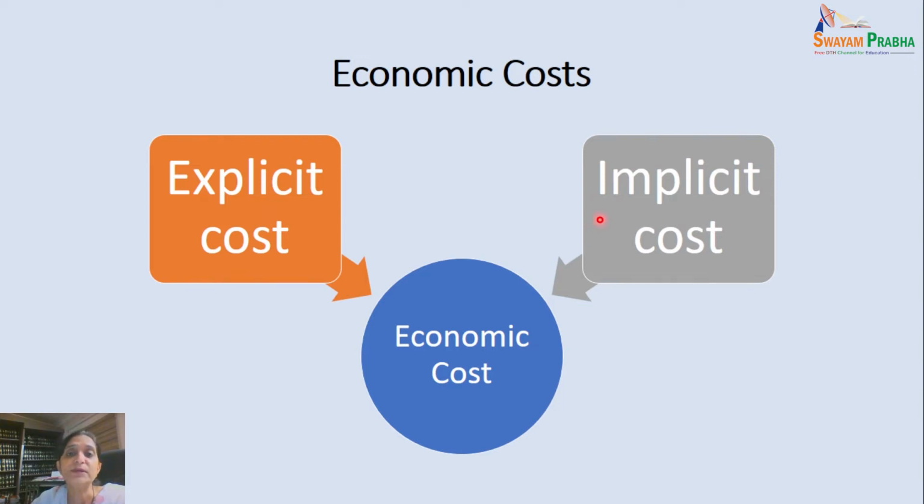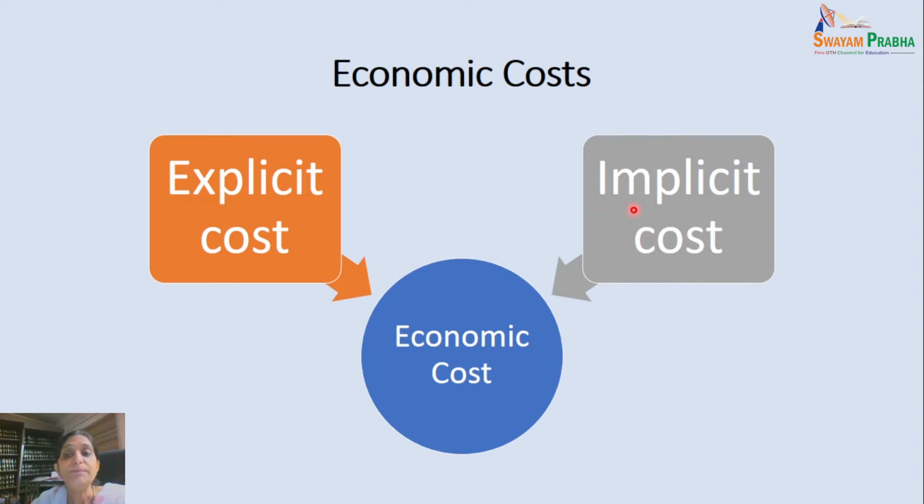Implicit cost is a cost which we calculate by taking into consideration the concept of opportunity cost. If you remember, in the first unit, we had talked about opportunity cost. What was opportunity cost, learners? Just try to recall. We had said opportunity cost is the cost of foregoing the next best alternative use of a particular resource.